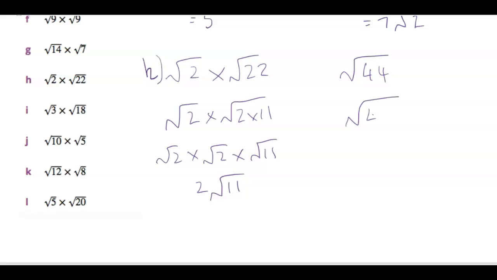So 4 times 11, and then we separate that out. And so the square root of 4 is 2, and then 2 root 11. So either way, sometimes it would be easier to do one way over the other, or you might have a personal preference, but just make sure that whatever method you choose, you take your time and don't make any mistakes.